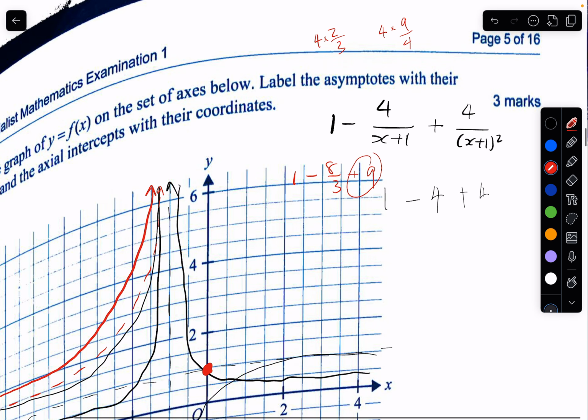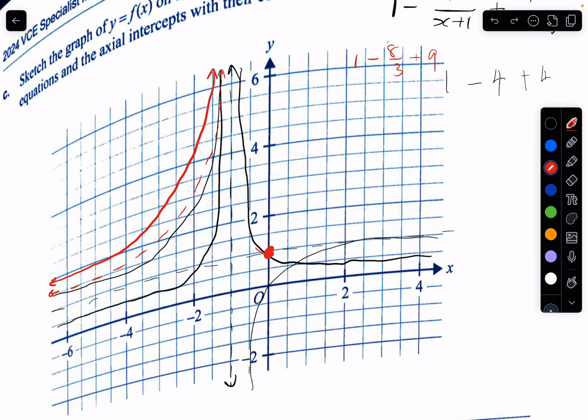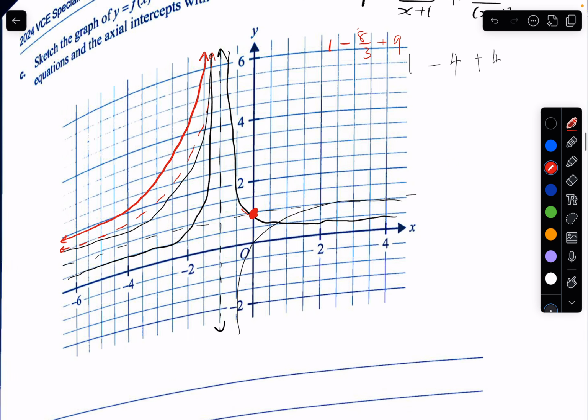So this dominates, right? Because that's bigger than that. Okay, so it will go kind of this way. But just keep in mind that it's going to be on this side of the original truncus.